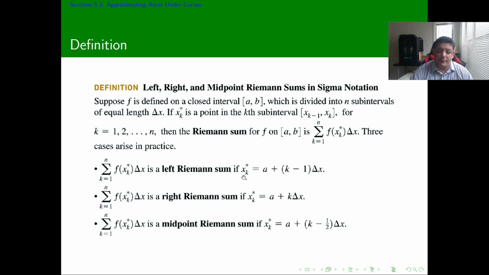For the left Riemann sum, xk star is always the initial point a plus k minus 1 times delta x. For the right Riemann sum, xk star is going to be a plus k times delta x. And for the midpoint Riemann sum, xk star is going to be a plus k minus 1 half times delta x.